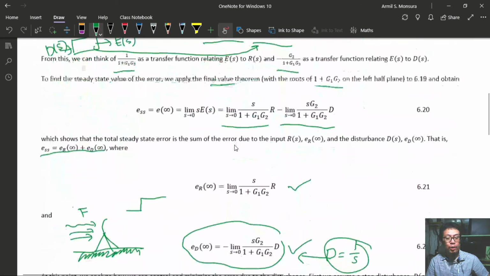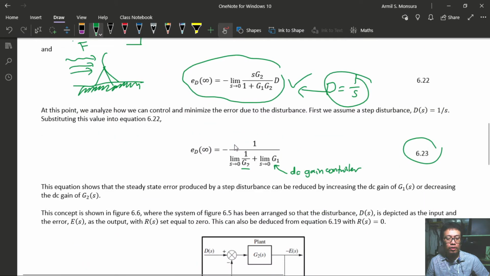Okay, tapos yung the other one, ito is the DC gain of the plant. Okay, now let us look at this equation closely and determine kung ano yung makakapagpababa dito.